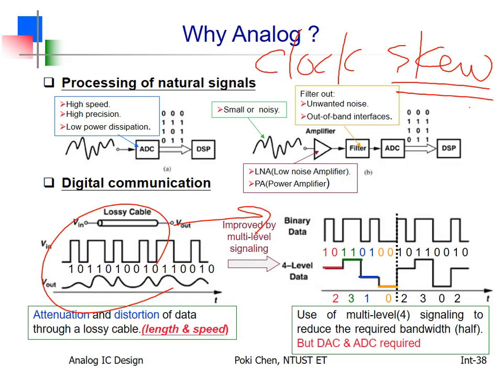I mean 0 and 1s, for a longer distance or higher frequency, what you can do? Okay. There is one of the ways out. What's the difference? We transmit 2 bits instead of a single bit at a time. So what does it mean?